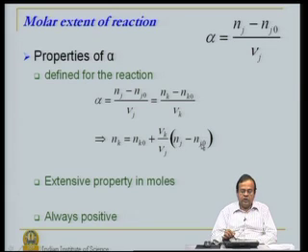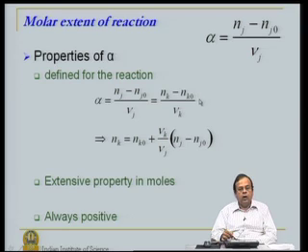So, N 1 minus N 1 0 times nu k by nu 1 plus N k 0 will be N k, and this k will be for all 2, 3, 4, 5, 6 and so on. Or in other words, we can relate the change in number of moles of all species through these stoichiometric relations. So, we have N k as N k 0 plus nu k by nu j times N j minus N j 0.